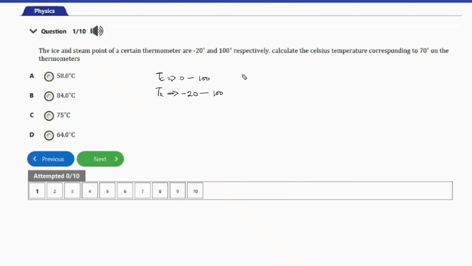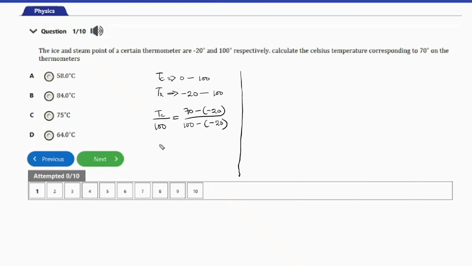So here we have TC over 100 will be the 70 degrees here minus the -20 degrees over the 100 degrees minus the -20 degrees.